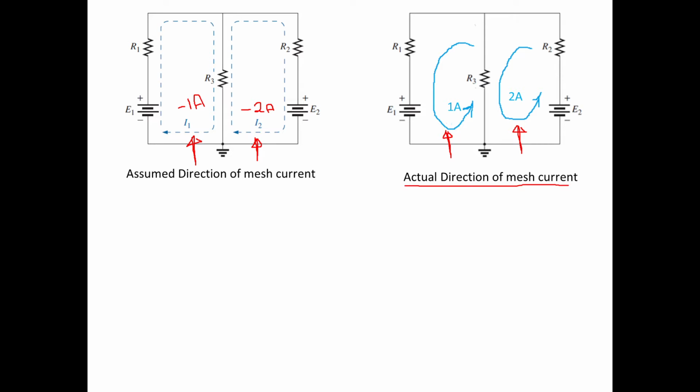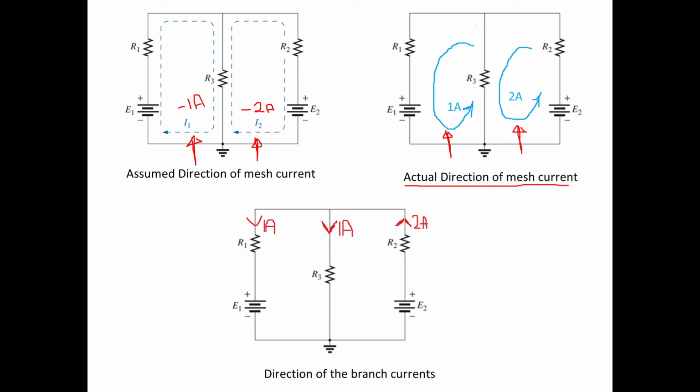The next important thing in the mesh analysis is how to find the branch current. These red color arrows are called branch currents. How did I get 1 ampere? Please go to this figure. In which direction is I1 flowing in R1? I1 is flowing like this. We are here, the current is flowing in the anti-clockwise direction. So you'll find that the current I1 is flowing like this. What is the value of I1?